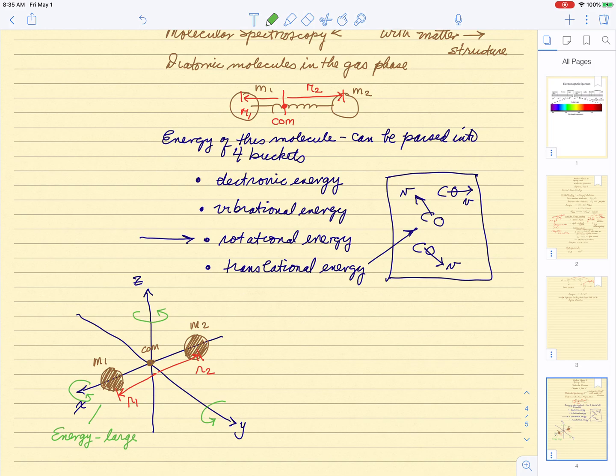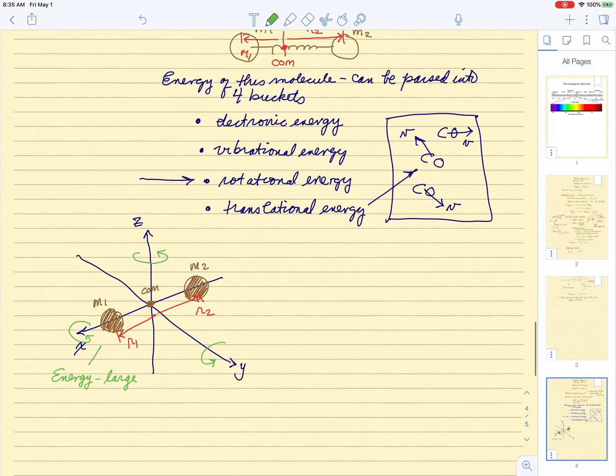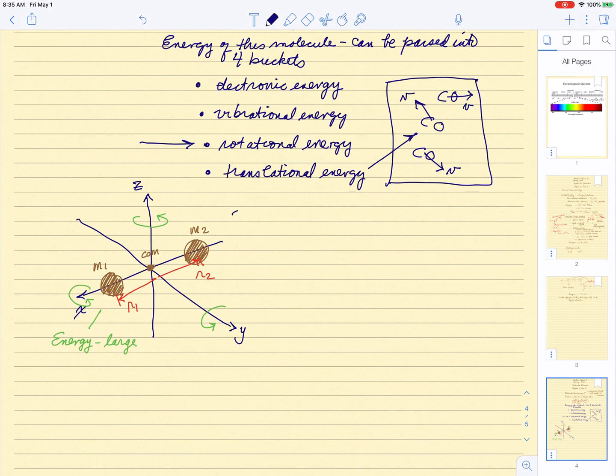And so we won't address it either. So we'll look at just the 2 degrees of freedom, about the z and y axes.